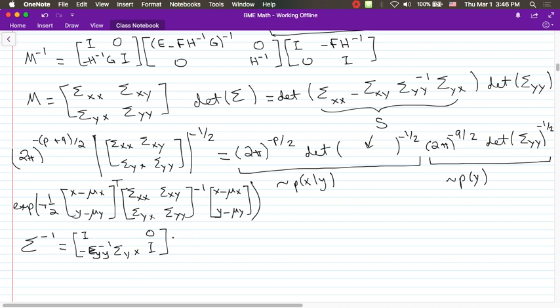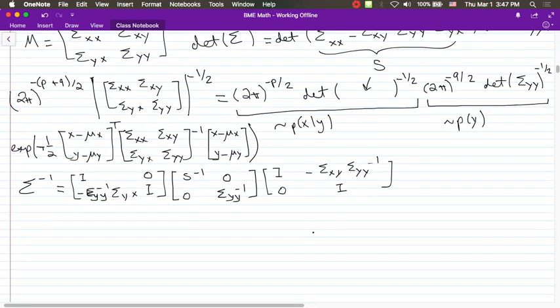Now this term, finally the last term. So that's the inverse of my variance-covariance matrix, where S here is this quantity.